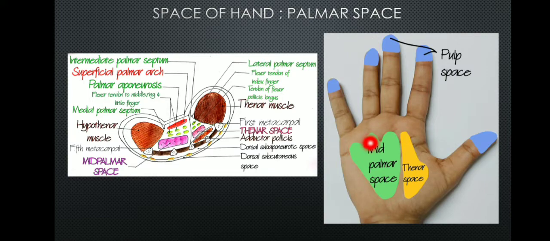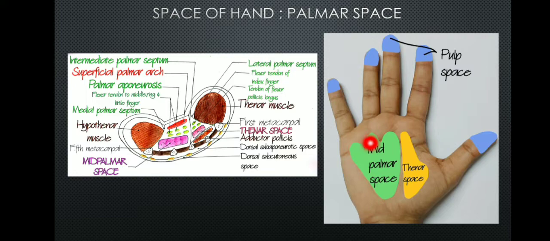Now it communicates proximally with the space of Parona, which lies in the forearm, and distally with the fascial sheaths of the third and the fourth lumbricals, whereas it is bounded anteriorly by the flexor tendons of the third, fourth, and fifth digits, the second, third, and fourth lumbricals, and the palmar aponeurosis.